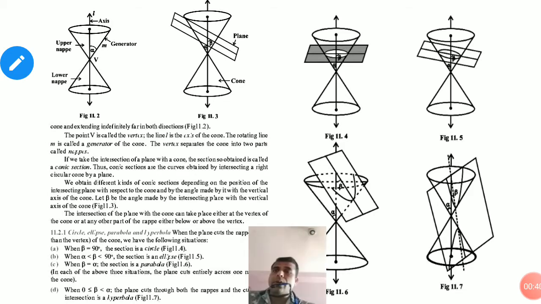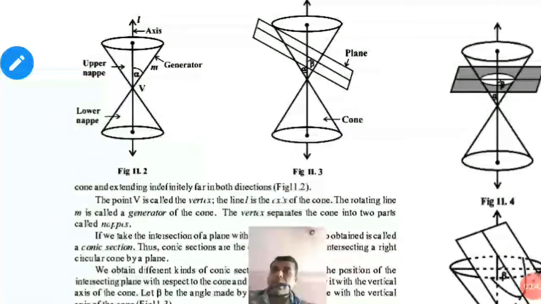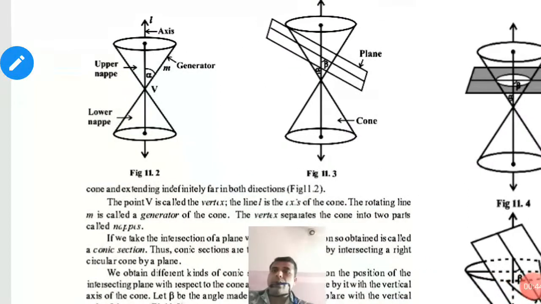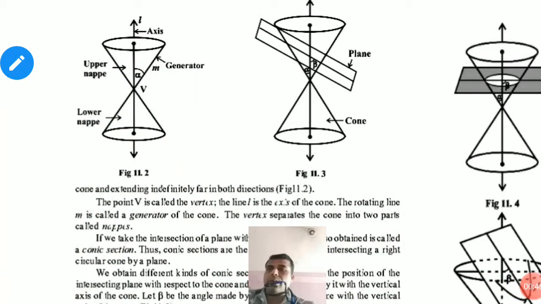First of all, you have to understand what a right circular cone is. This is like a funnel. You can see this, it is called a right circular cone. Here one line, M, is called the generator, and when it moves as a straight line surrounding the axis, it will generate a right circular cone.